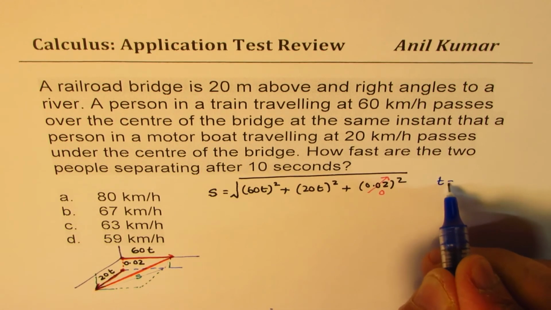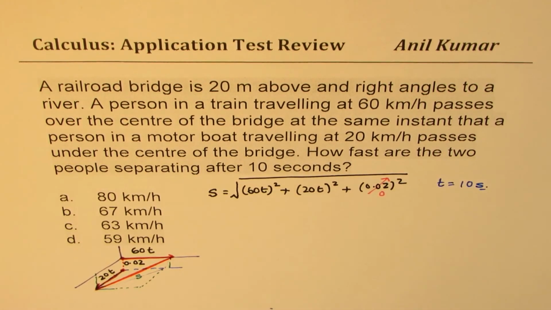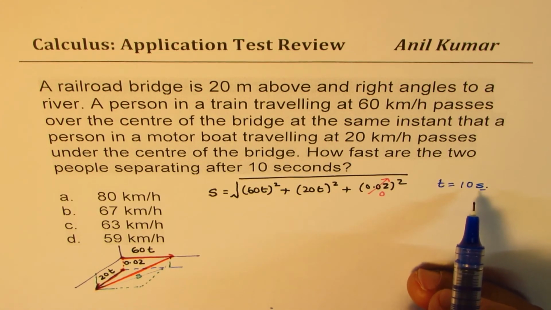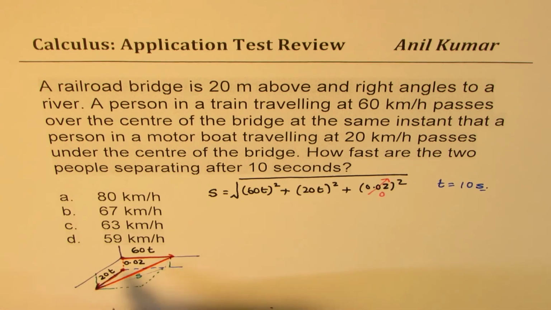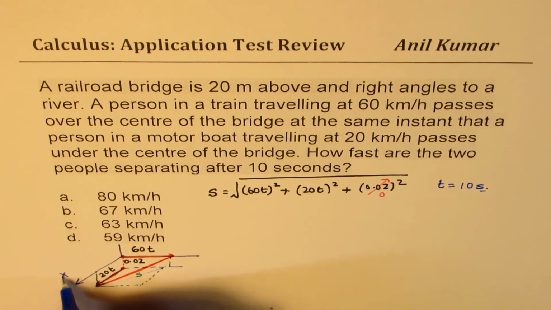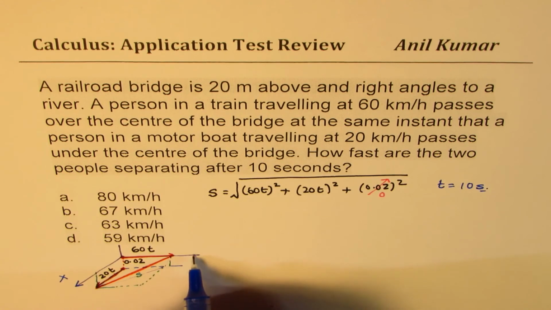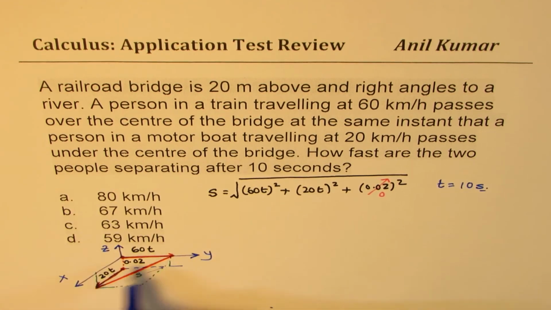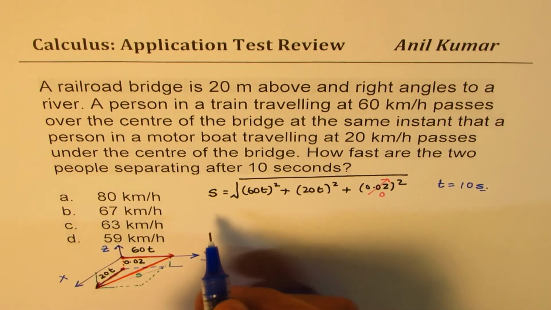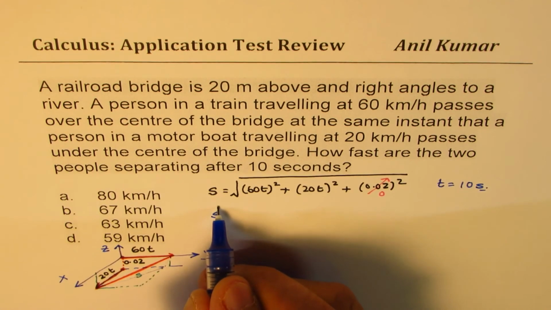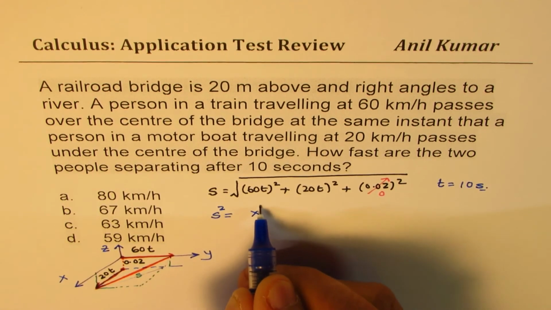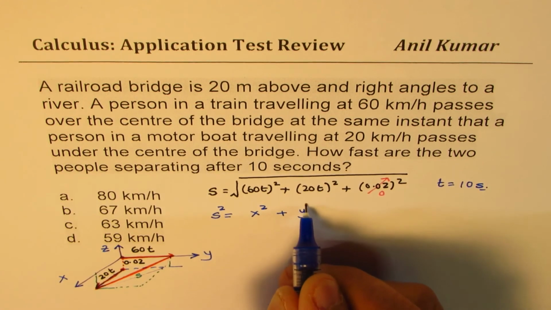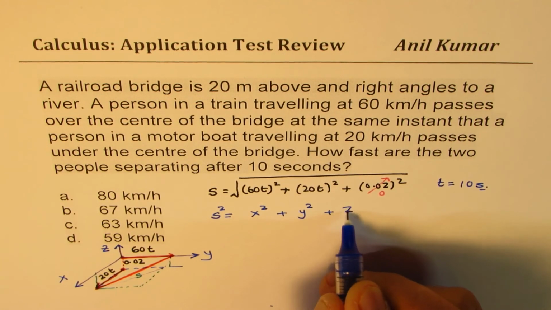So at t equals 10 seconds, what is the situation? What is x, y, and z? What we are doing here is taking x along the boat axis, y along the train axis, and that is z. Correct? So in general, we can write that s square is equal to x square plus y square plus z square.